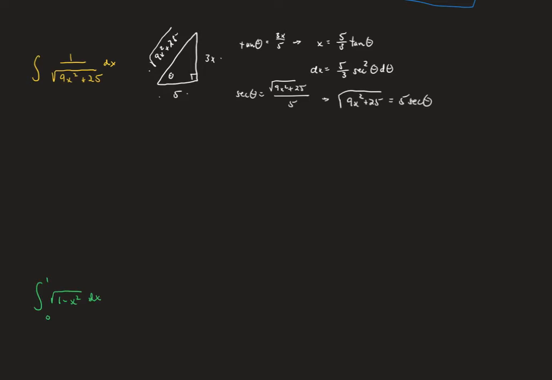Okay, so now our integral becomes the dx is going to get replaced by 5/3 secant squared theta d theta, and our radical is going to get replaced by 5 secant theta.